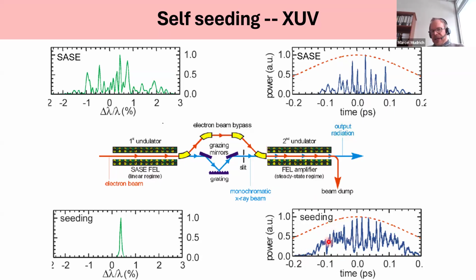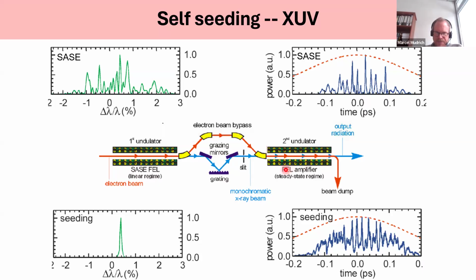Nowadays, the timing structure looks much better. We actually get nearly Fourier transform limited pulses, meaning a nice and smooth time structure of the pulses as well. So this is the basic principle of self-seeding: just produce SASE pulses to start with, filter them spectrally, and then amplify them further.